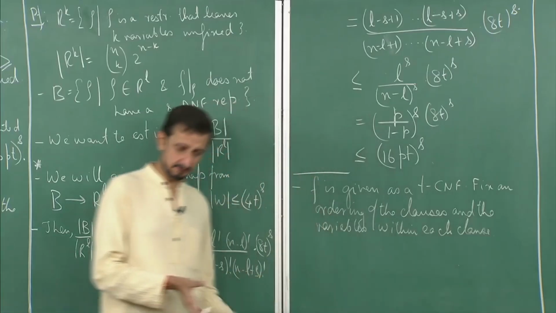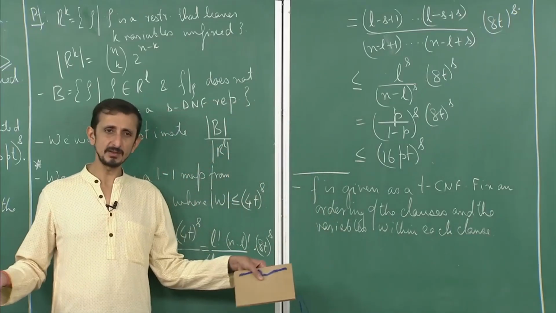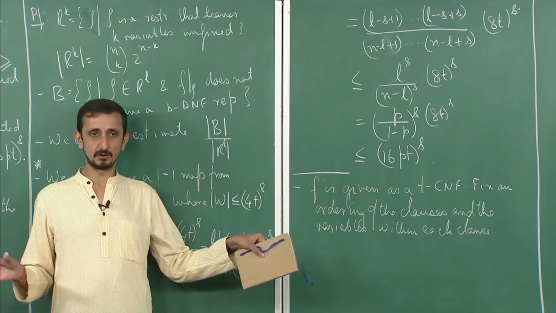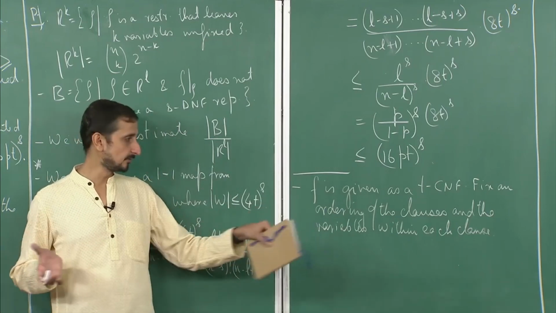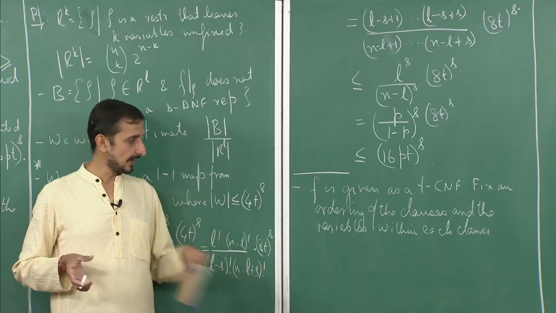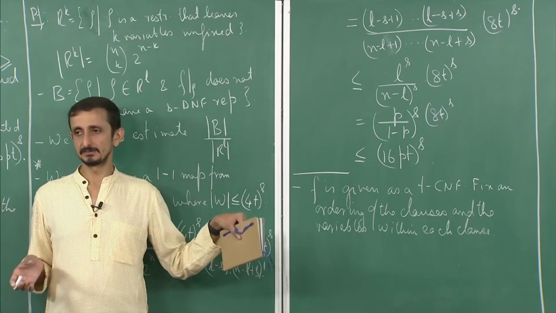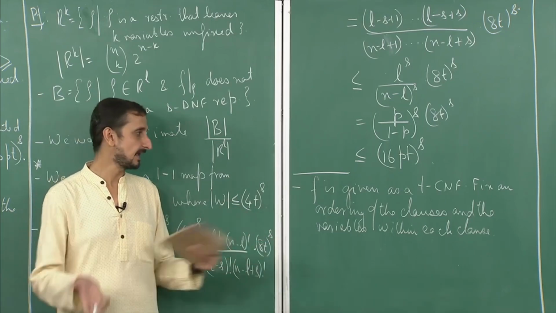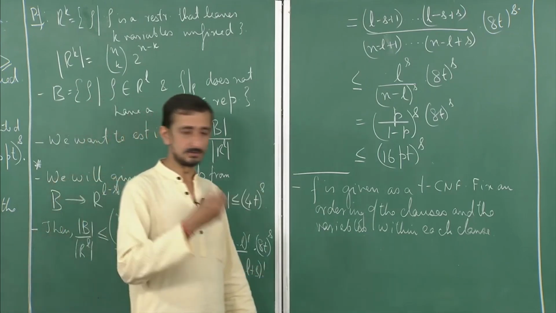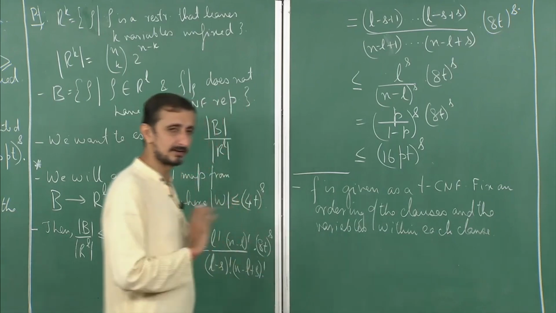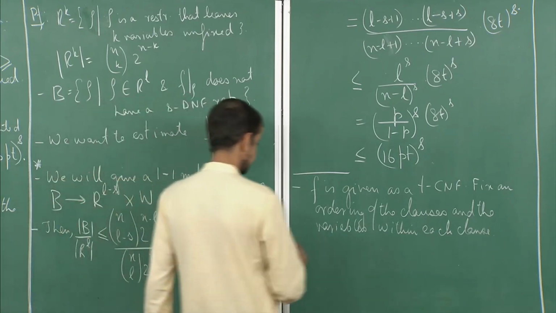Basically f is given to us as a TCNF, we will look at a fixed ordering of the clauses, so that we can refer to the first clause, second clause, and so on in a unique manner, and within each clause again we have a fixed ordering of the literals. Maybe it can be the alphabetical ordering of whatever variables are present in those literals. Whatever it is, we just look at some fixed ordering.